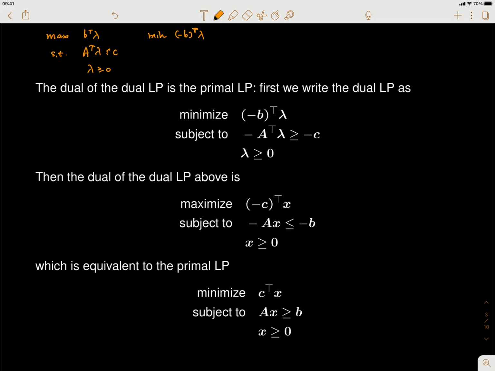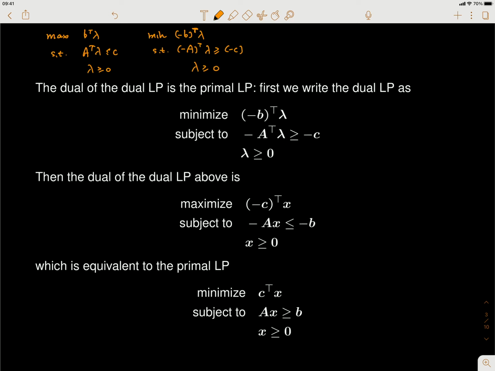We still need another negative outside of the minimization, but it doesn't affect the maximizer or minimizer. And here I'm going to replace A by negative A, multiplying the negative sign on both sides, and we'll get this. Also lambda is greater than or equal to 0.